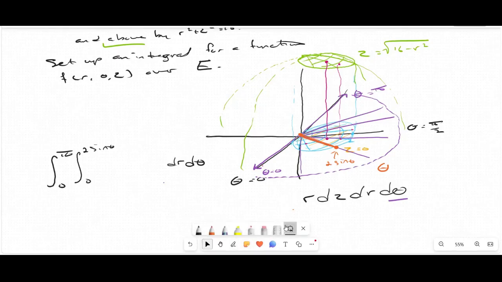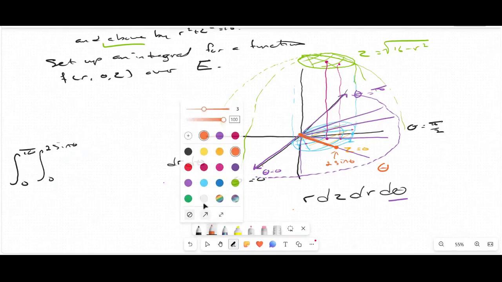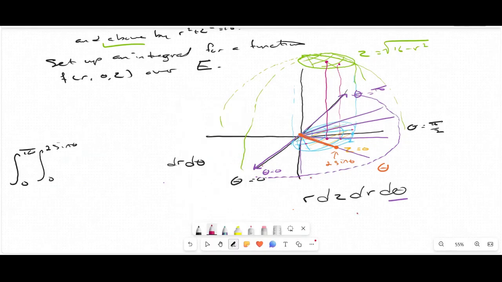Now these things take a lot of space to write. Give me some more space, please. Boom. And now, last but not least, I'll use that same color again. If theta is on the way from 0 to pi and it stops somewhere, and R is on its way from 0 to 2 sine theta and it stops somewhere, freeze right there. We've got a theta value, we've got an R value. Now it's Z's turn to make its journey.